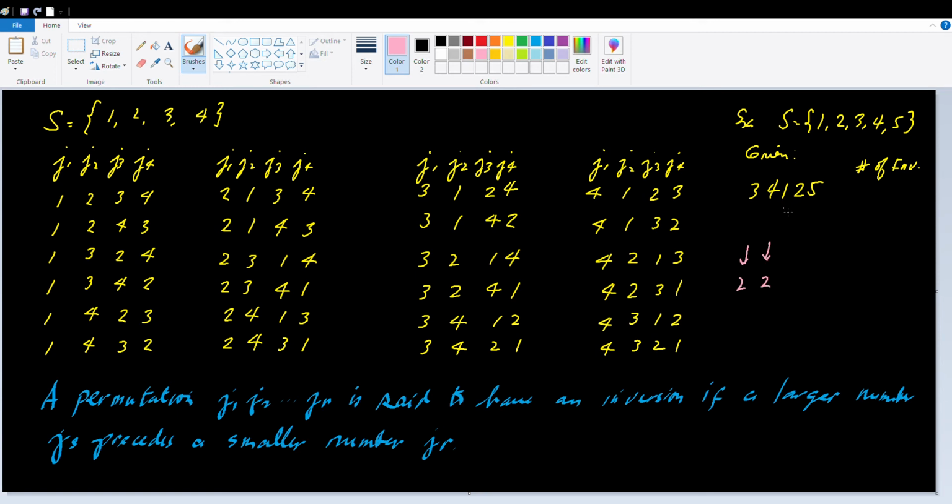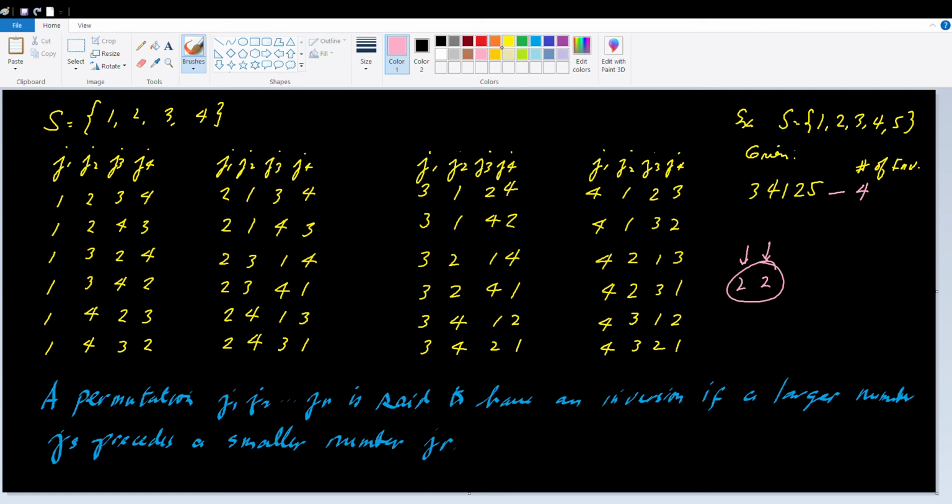How about 1? 1 is the smallest among the digits 1, 2, 3, 4, and 5. So there will be no inversion as far as 1 is concerned. For 2, 2 precedes 5, and 2 is less than 5, so there will be no inversion. 5 itself will have no inversion. So all in all, for the permutation 3, 4, 1, 2, and 5, there are 4 inversions. Right?